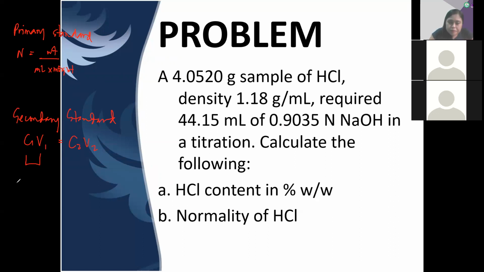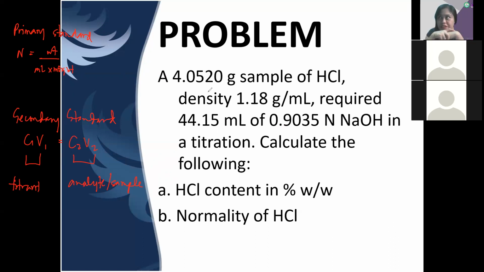C1V1 being the concentration and volume of the titrant, and then this is for the analyte or the sample. Okay? So yan yung kaibahan nila. I hope you can still remember the difference between primary standard and secondary standard. Pag primary standard class, we are using a solid substance during titration.